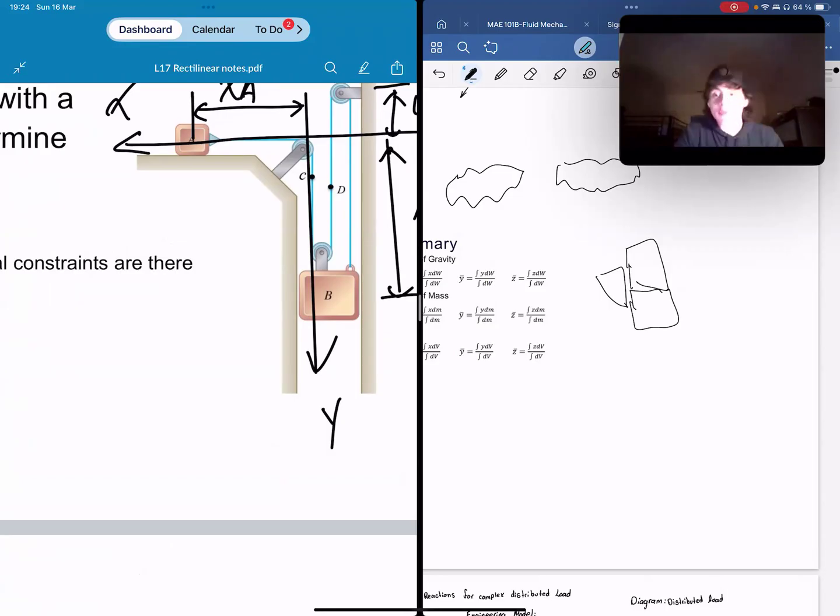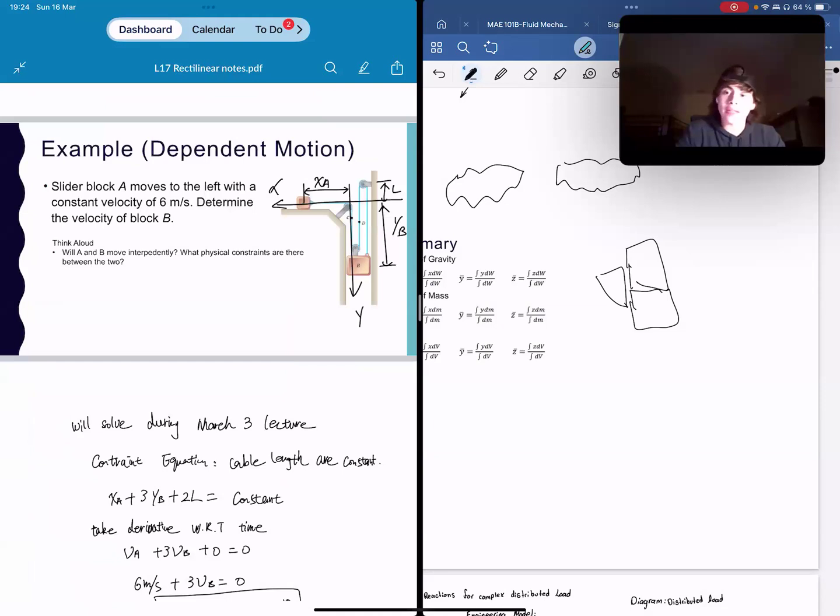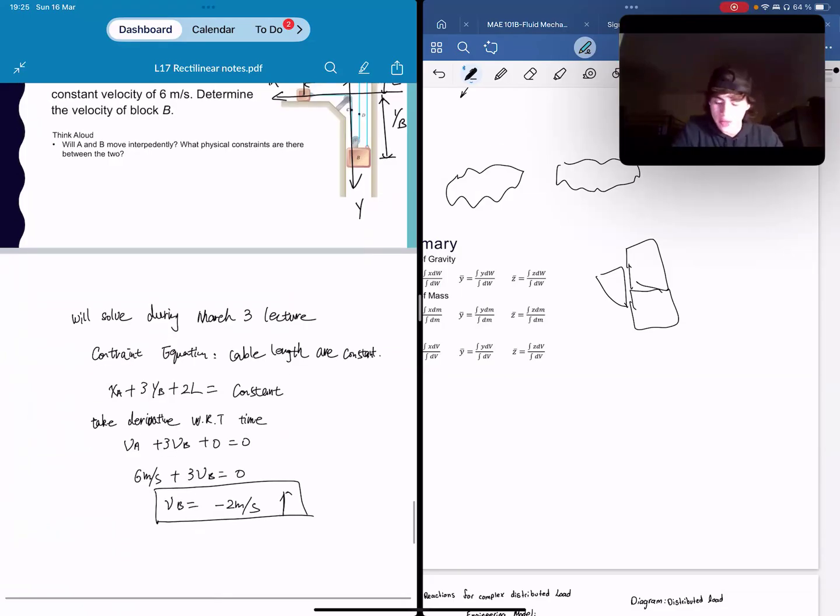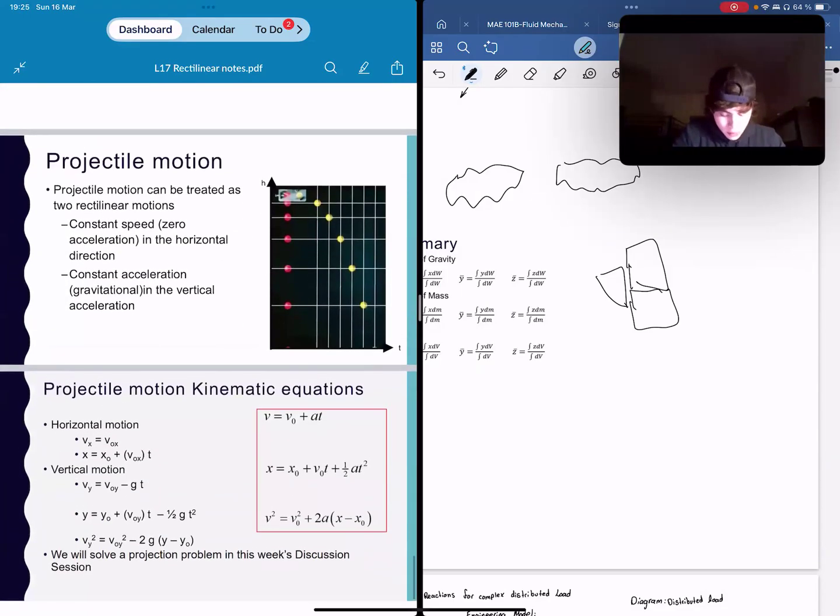So if you make that expression, you set that as a constant, you take the derivative with respect to time, you get what? The velocity, right? From distance, you get a velocity by taking the derivative and solving for the unknown you want, right? So I think that's really important to stand out.